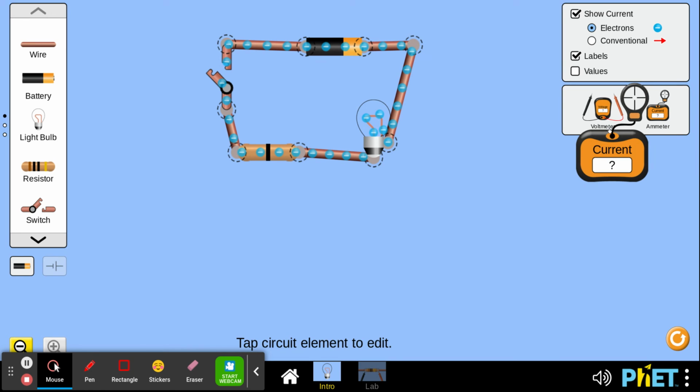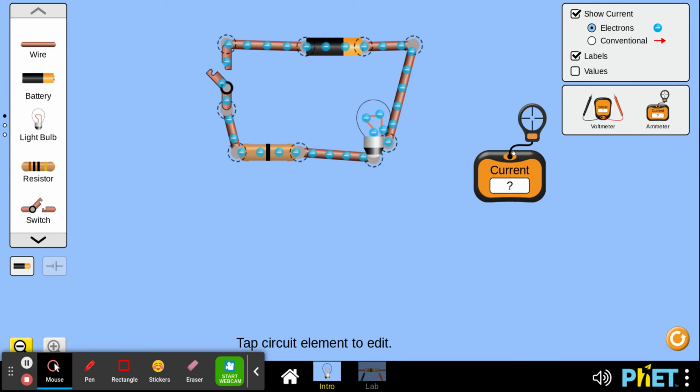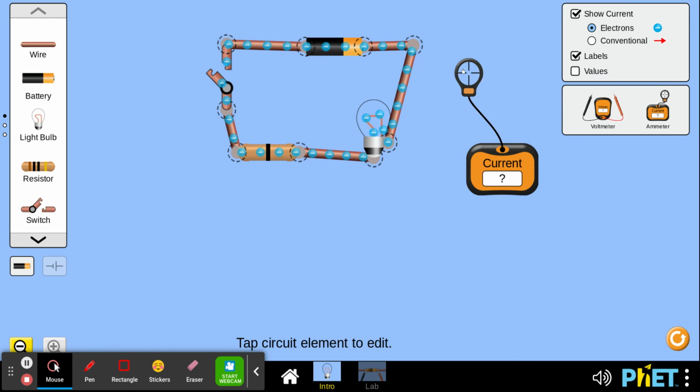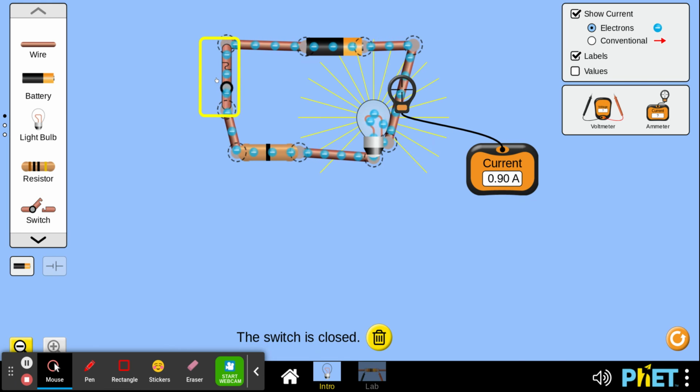So you have to grab the ammeter over here from the side, and then grab this thing that looks kind of like a magnifying glass and just drop it anywhere over a wire. If I run my circuit, you can see that my ammeter is giving me a reading for current, 0.90 amps. Okay. And then the fourth reading that you're going to be looking for is a voltage reading.